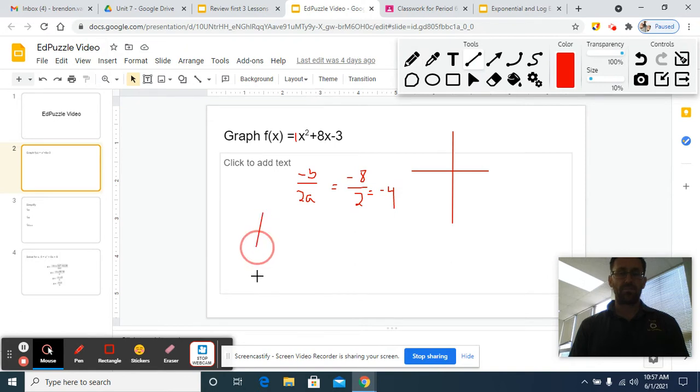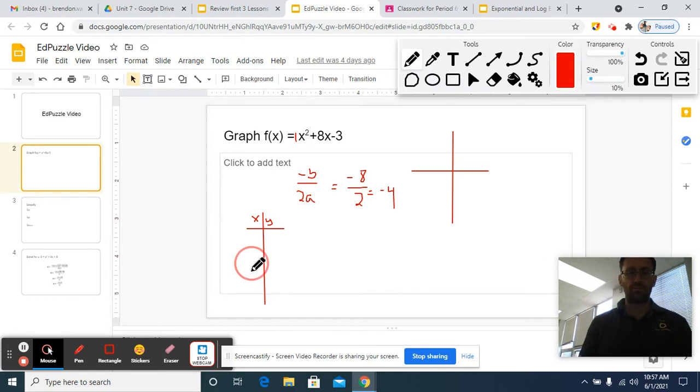And then you make a table of values. We're just going to do 3 values here. So let's do negative 4. Normally I'd have you do 5. But we'll just plug these in.